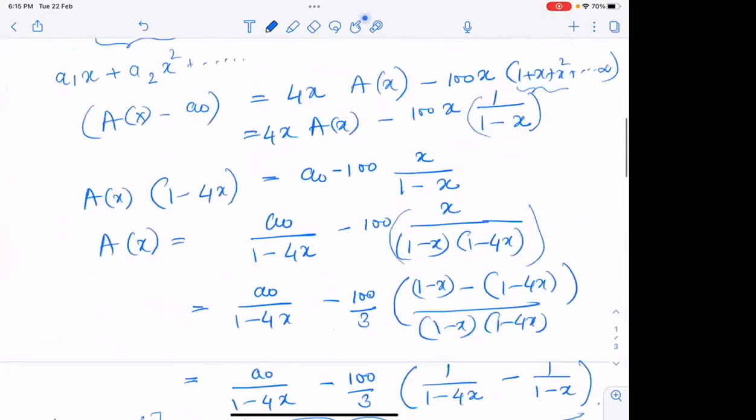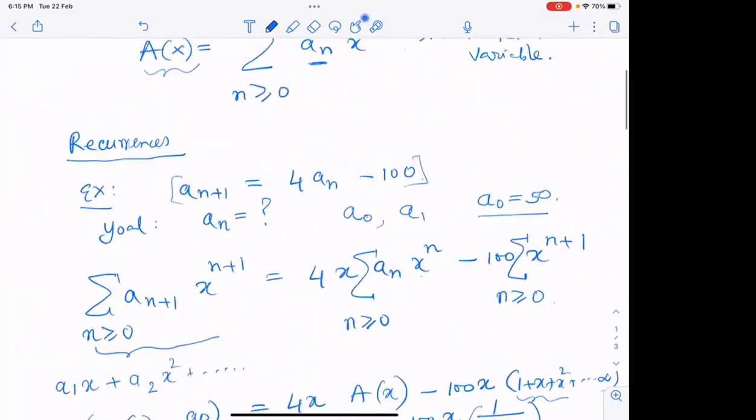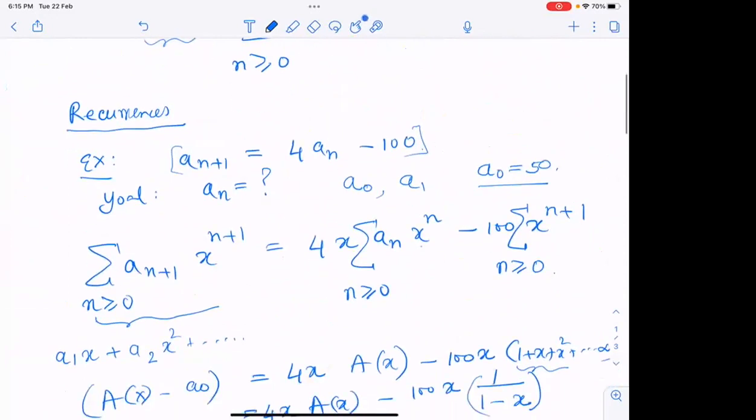So the basic idea, did you get? Is there any doubt? This is a very basic question. You will be given a recurrence and you will be asked to find a value for that sequence an. And this generating function offers you a great tool to do that.